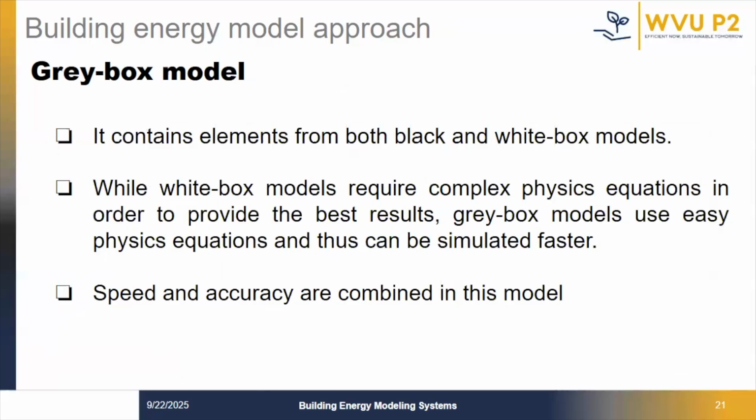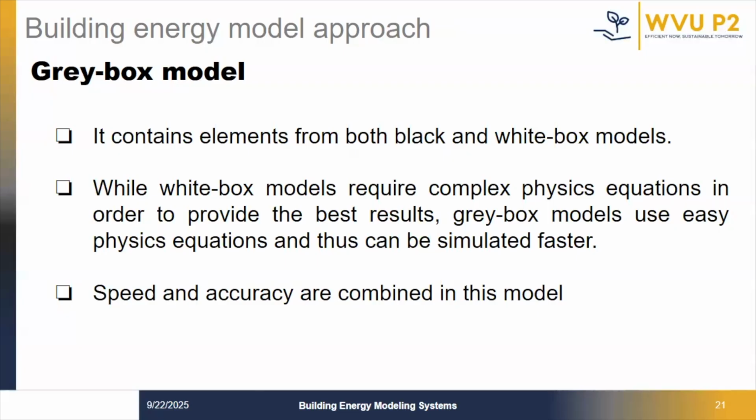So in this slide, we'll talk about the gray box model again. This slide presents that the gray box model is a hybrid approach that effectively balances the strengths of the white box and black box models. Unlike complex white box models that rely on detailed physics equations, gray box models simplify the physics for significantly faster simulation times.